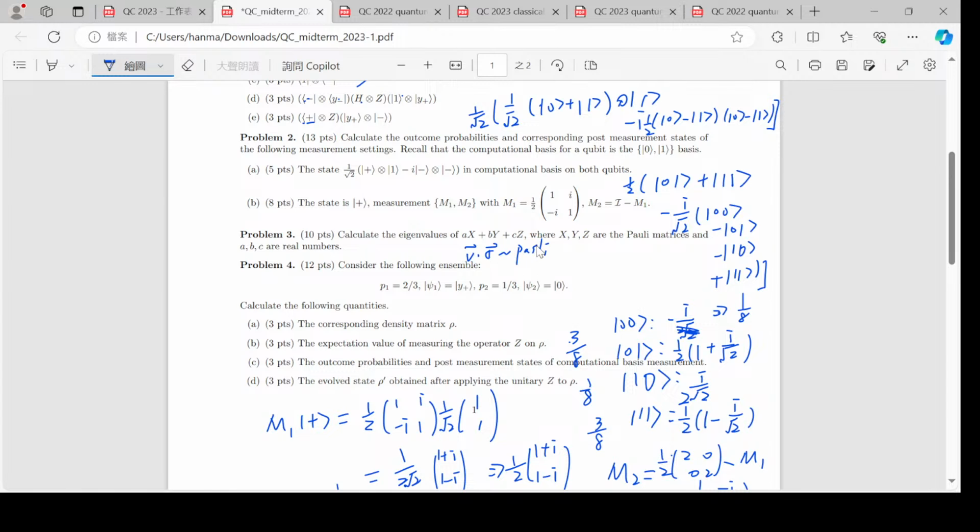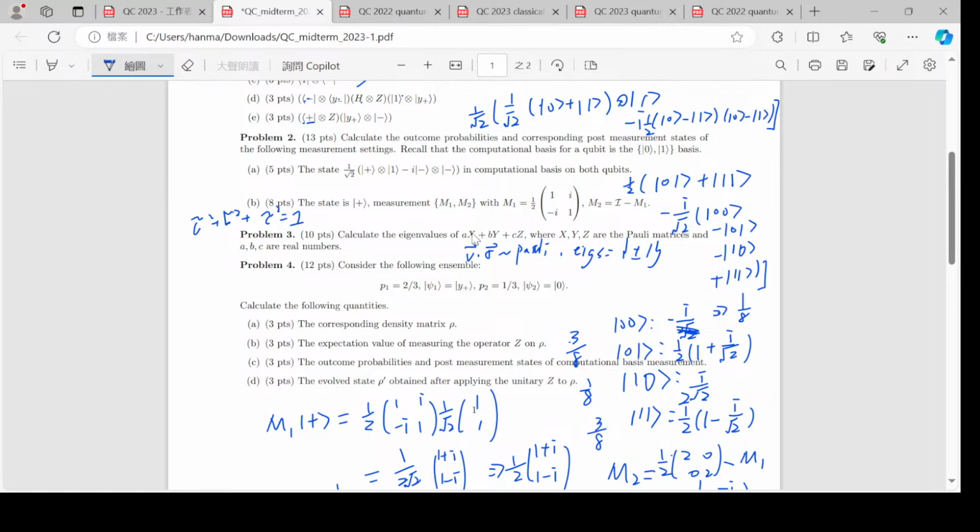And so in particular, this kind of thing has eigenvalues plus minus 1. Okay, so what does it tell you? It tells you that if you have some a tilde squared plus b tilde squared plus c tilde squared equal to 1, then the eigenvalue will be plus minus 1, right? And so we can cheat here.